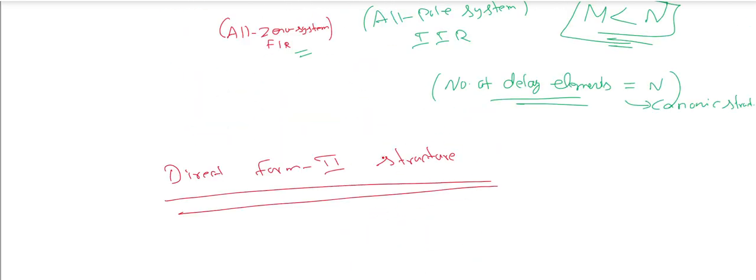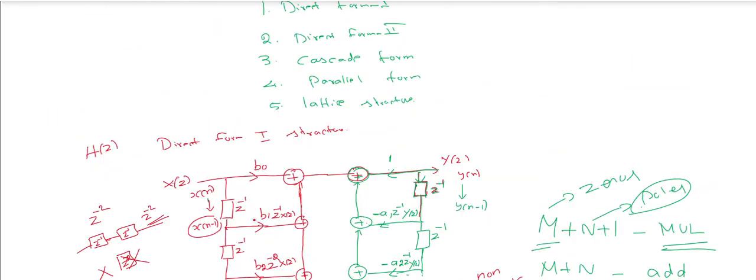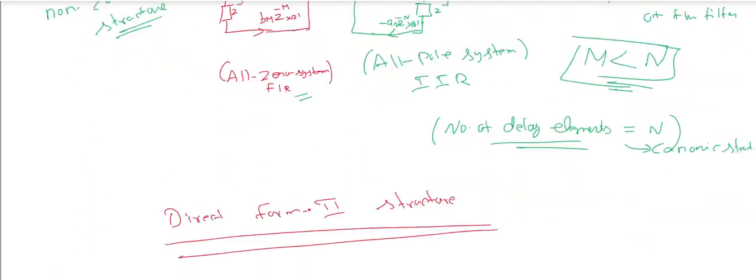So this is B naught. What are the all zero system coefficients? B naught, B1, same. I am only rearranging the system.